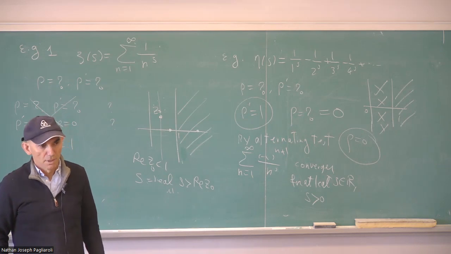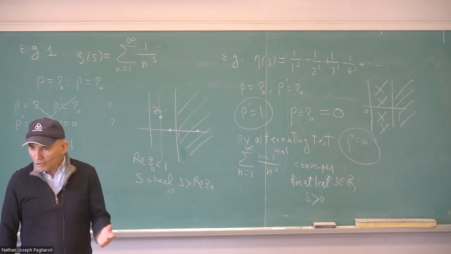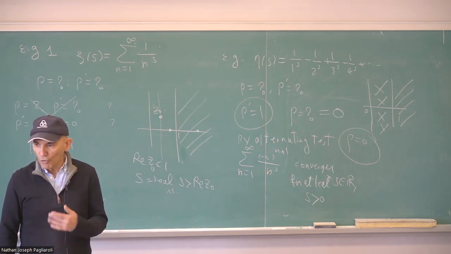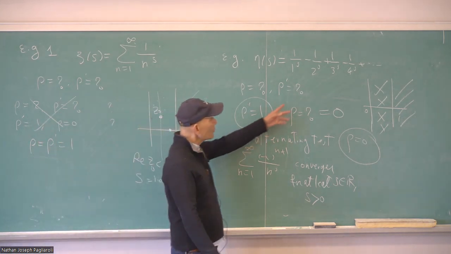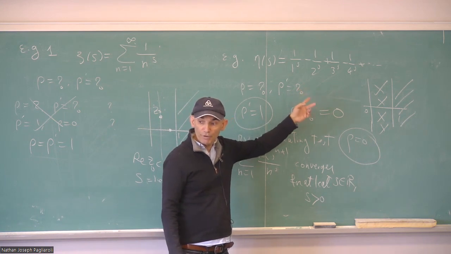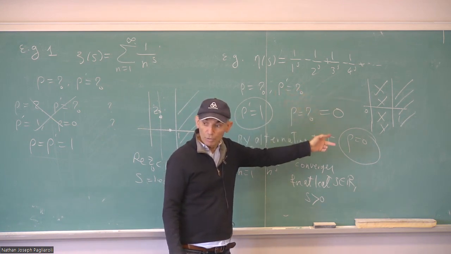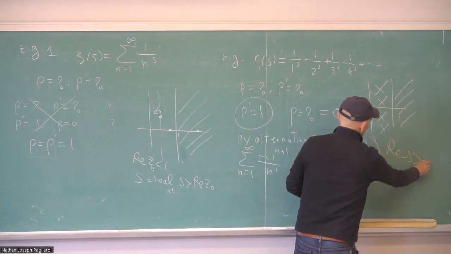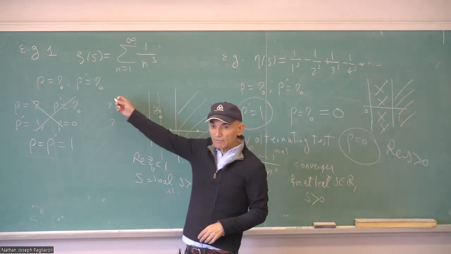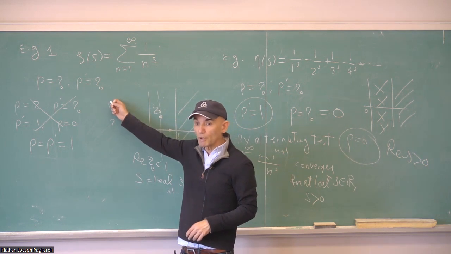The absolute convergence was not relevant for holomorphicity. This function is holomorphic for real part of s bigger than 0. But the zeta function originally is holomorphic only for real part of s bigger than 1.